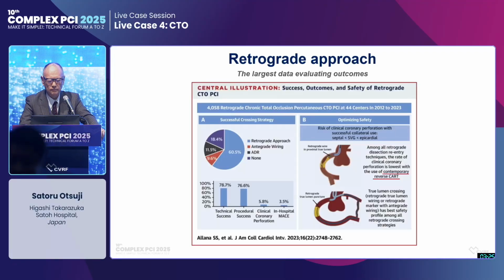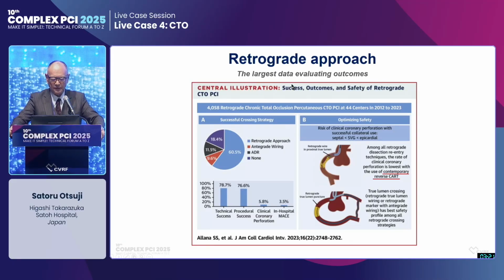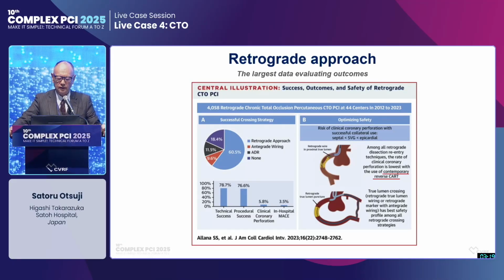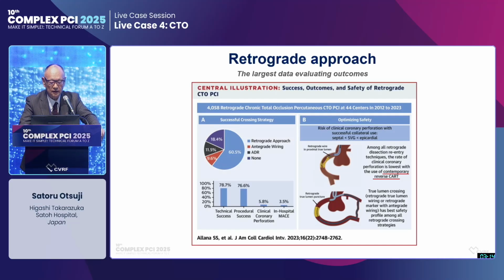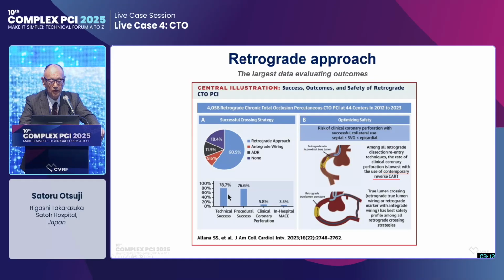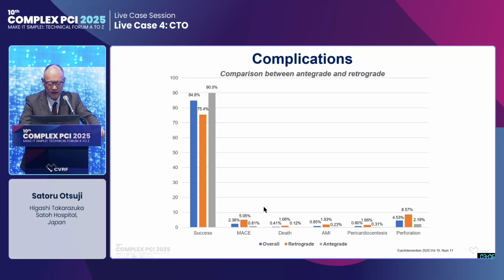This is the overall efficacy and complication rate from the largest data. The retrograde success is 78 to 80%, but the complication rate is higher in the retrograde approach: perforation, MACE and AMI.